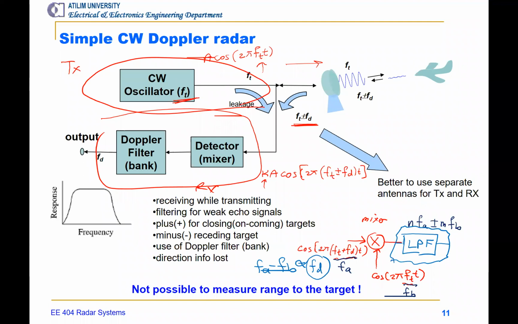So here, the detector is simply a mixer along with a low-pass filter. And then we can use digital processing, for example, to identify the exact value of the Doppler shift, as we might have more than one frequency, not only the Doppler shift of the target, but also some Doppler shifts due to the clutter.